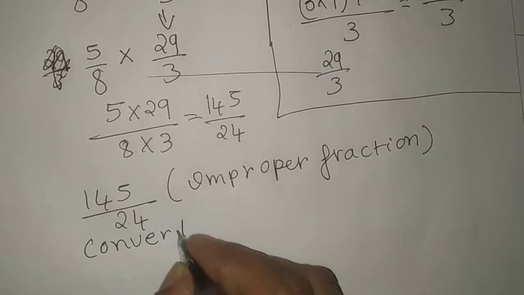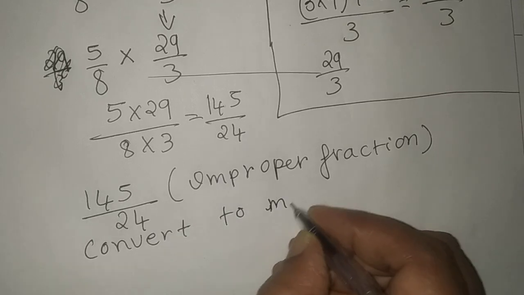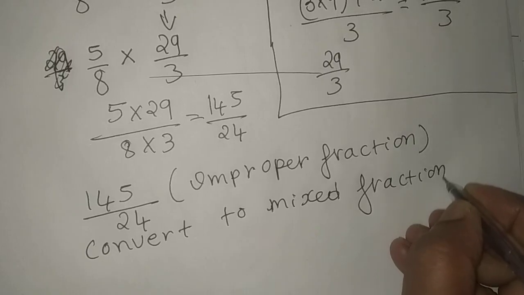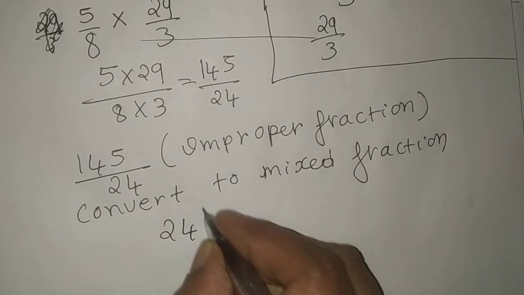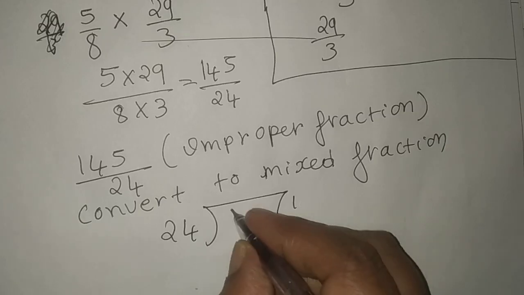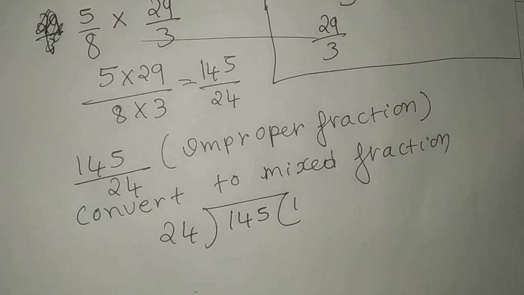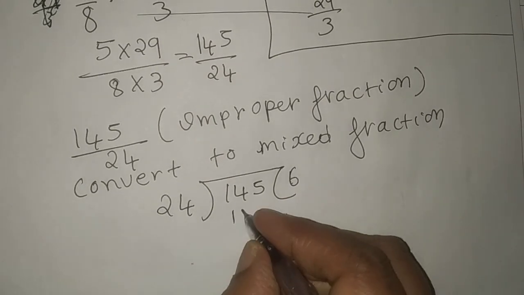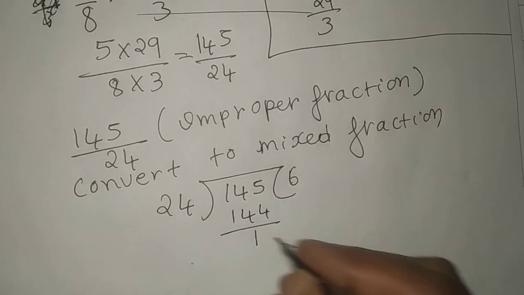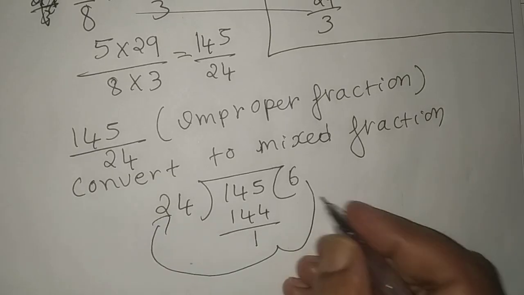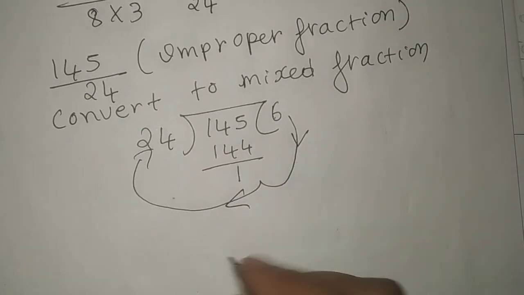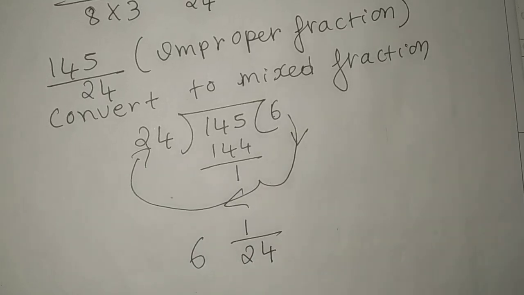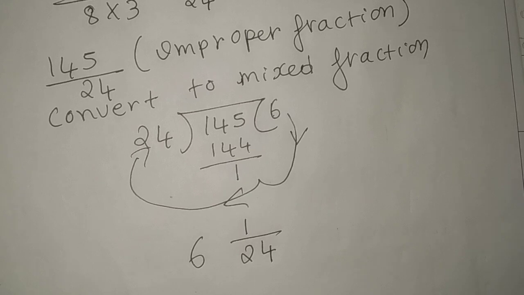Convert to a mixed fraction. Convert this into a mixed fraction. Therefore 24 divided into 145. So 24 into 6 is 144, and the remainder is 1. So write in this form, that is, write 6 first, then 1, then 24.